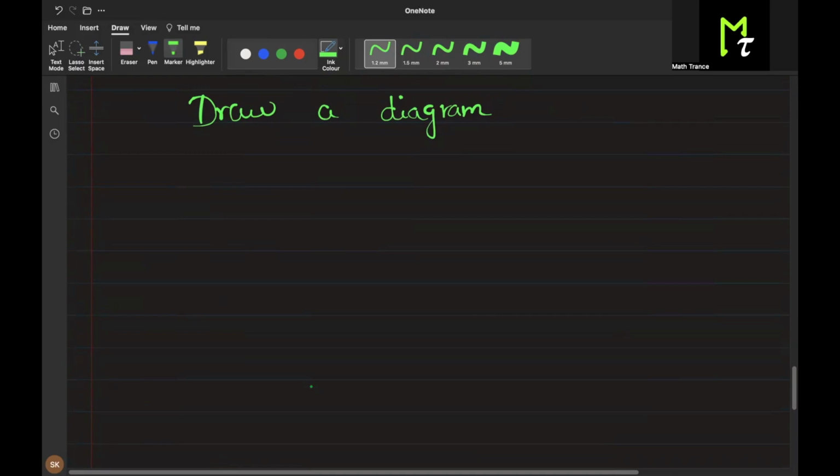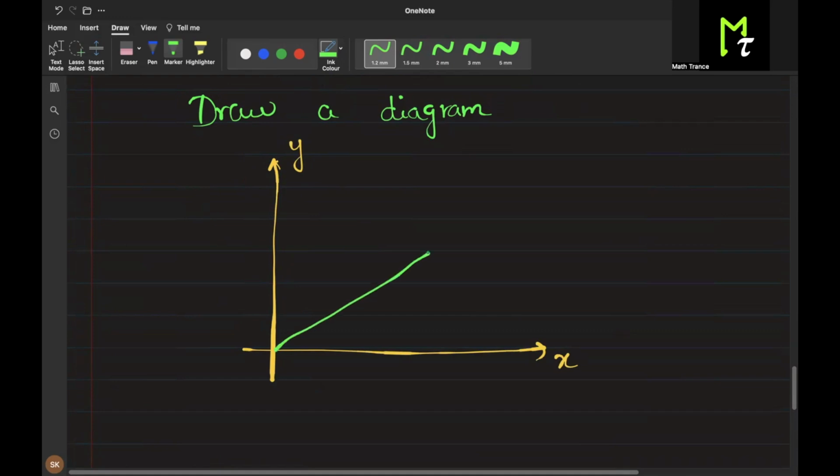How to solve this when you draw a diagram? You draw a straight line. This becomes x. This becomes y. So y equals x, let's suppose.